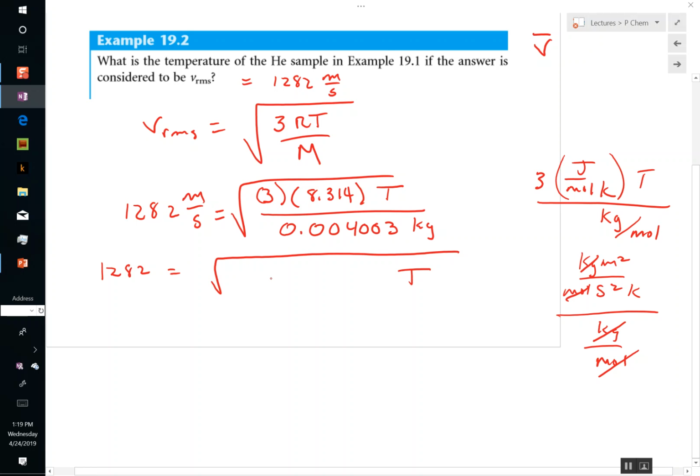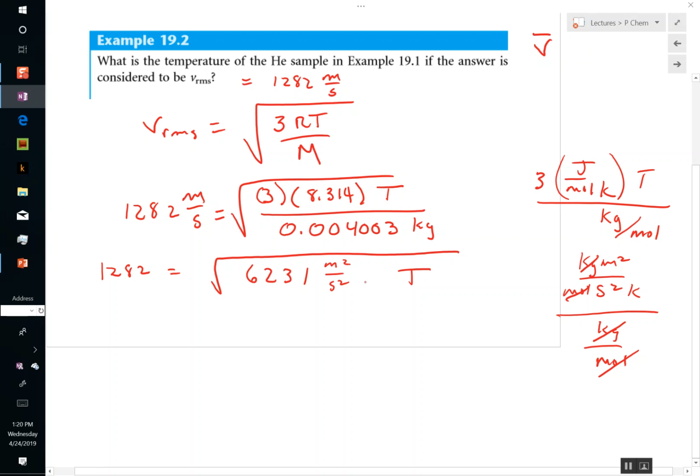So we have to change the 8.314? Or no, we just need to change the units, right? Right. We're solving for temperature, and we're saying it's the same as the root mean squared. That's what you just said, right?